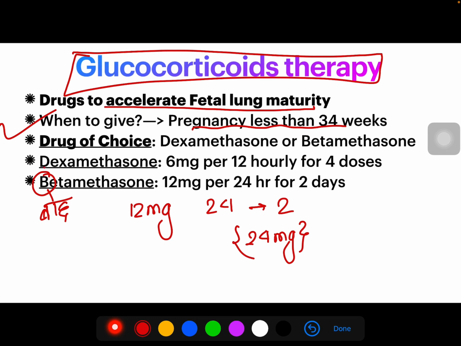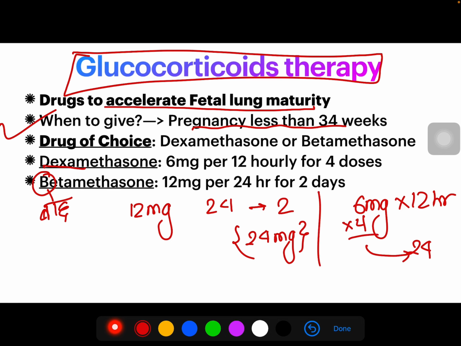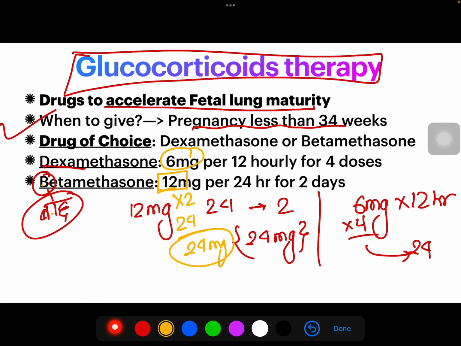If you give dexamethasone, then 6 mg every 12 hourly for 2 days, so that 6 into 4 makes 24 mg. To remember, betamethasone, which in Nepali is 12, so betamethasone 12 mg, and then we have to make the 24 mg, so for the 2 days 24 hourly, which is the same. So 24 mg, and for the 6 mg we have to give 4 times, 12 hourly.